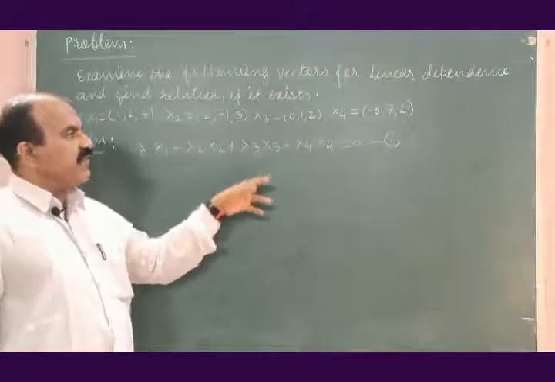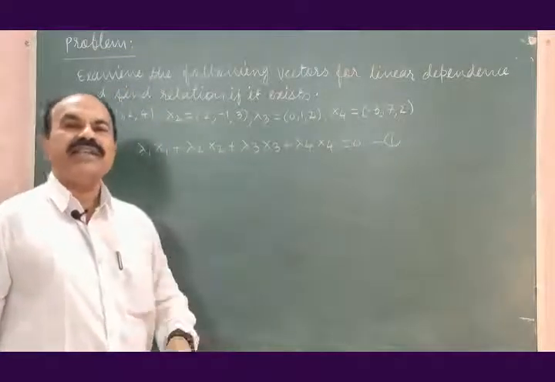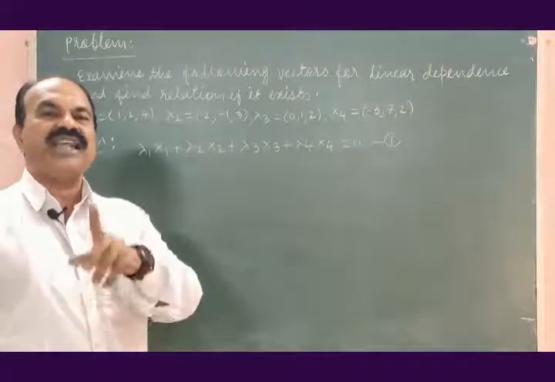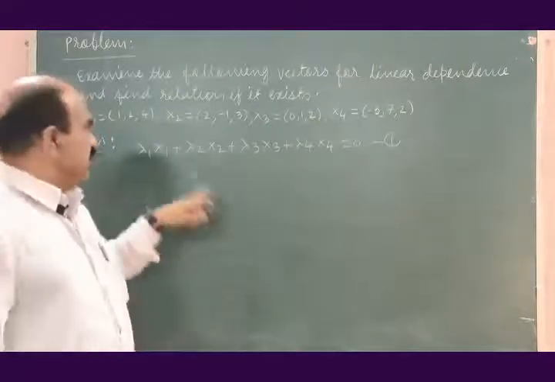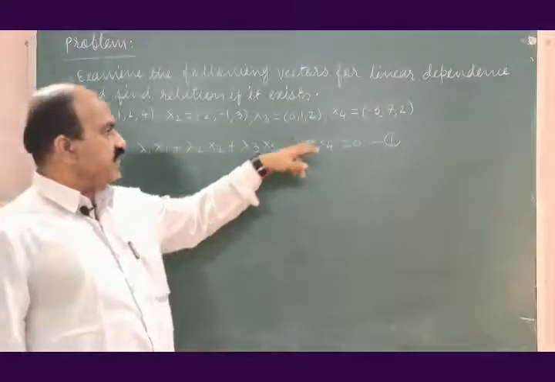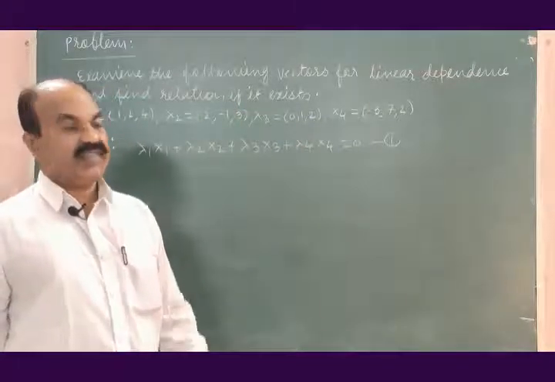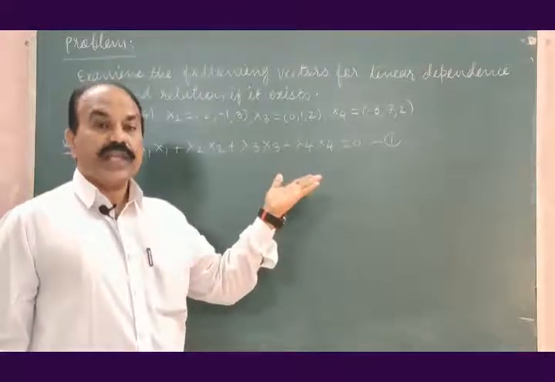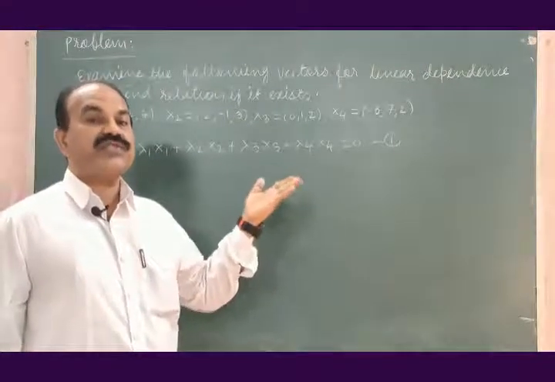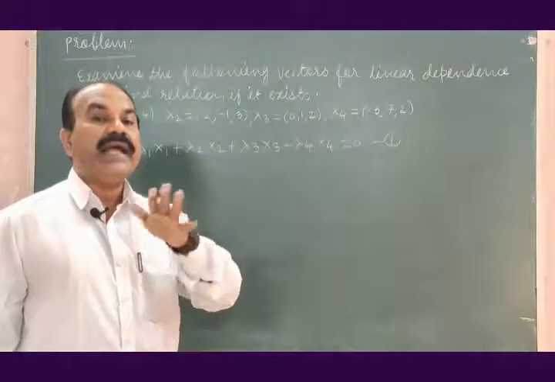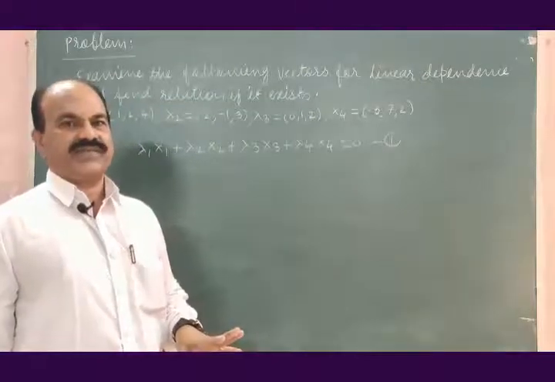Here, lambda 1, lambda 2, lambda 3, lambda 4 are the non-zero scalar constants and X1, X2, X3, X4 are the vectors. This is the equation if X1, X2, X3, X4 are linearly dependent vectors.